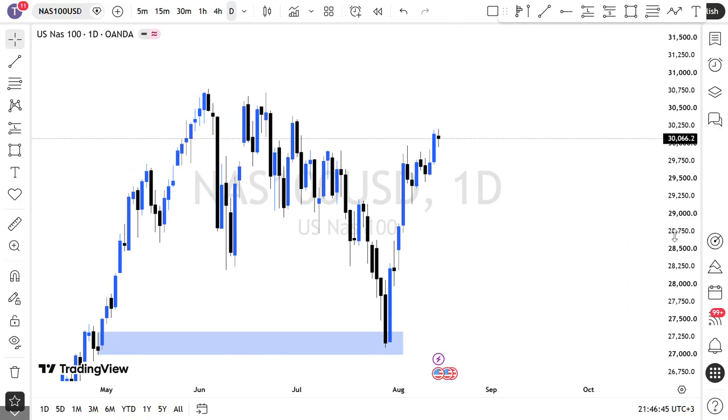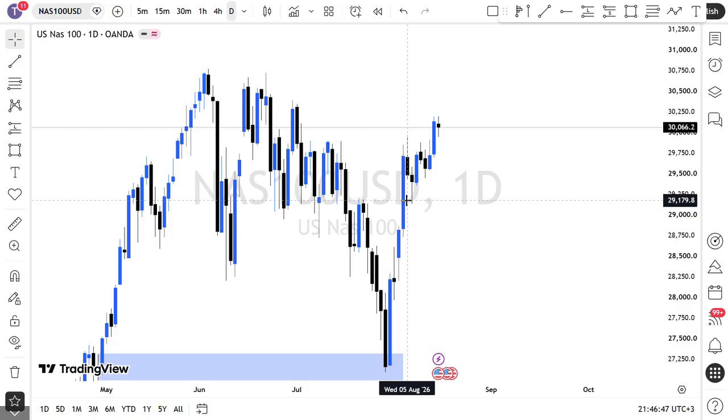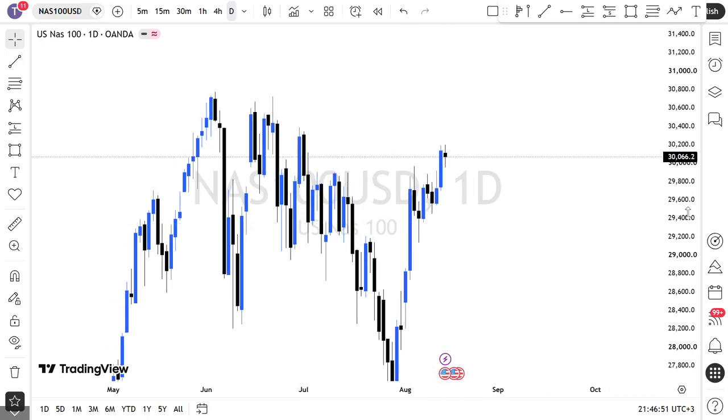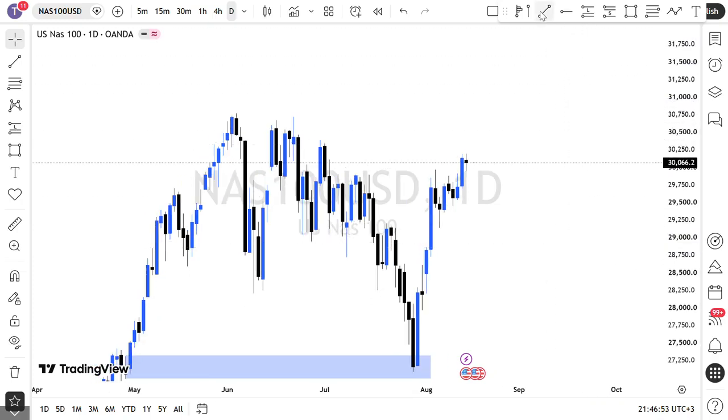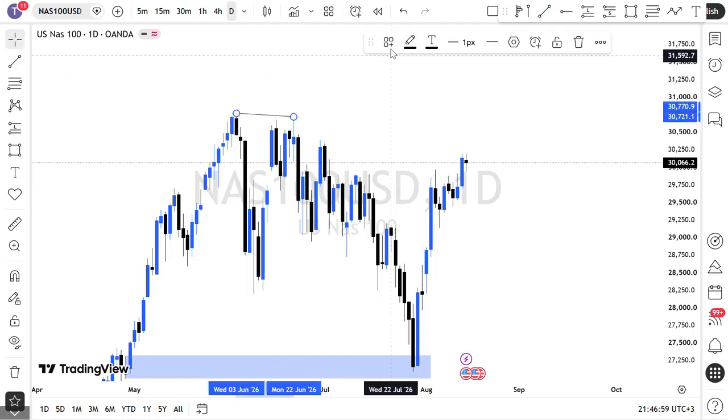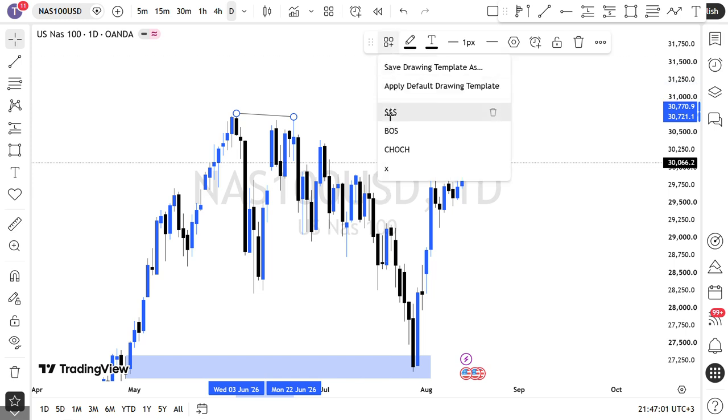So last week we had price coming back into this fair value gap, and then we've been having more buys to the upside, and I expect price to be moving even higher. I expect price to be taking out this highs liquidity. We have that highs liquidity above there.